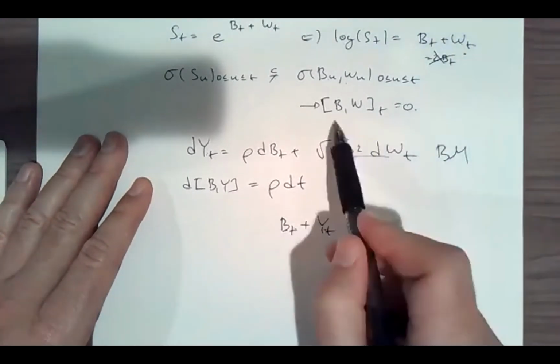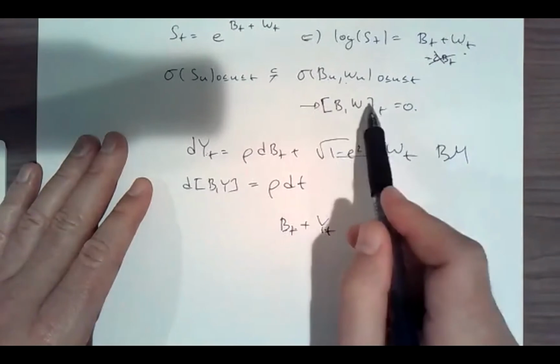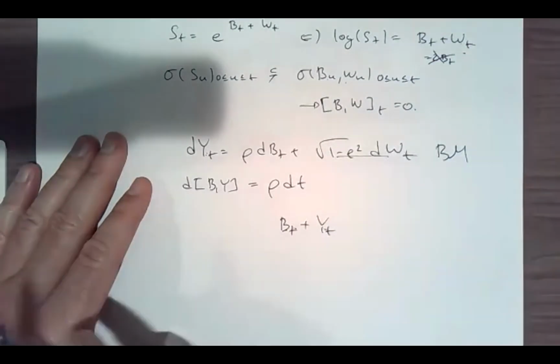But this can never happen in the statement of the problem because the cross variation between B and W is given to be 0.